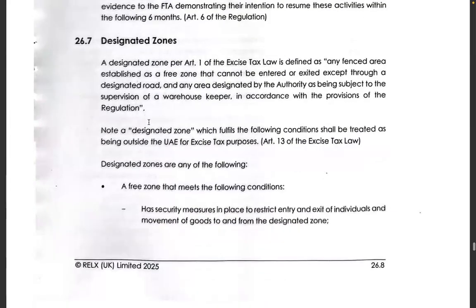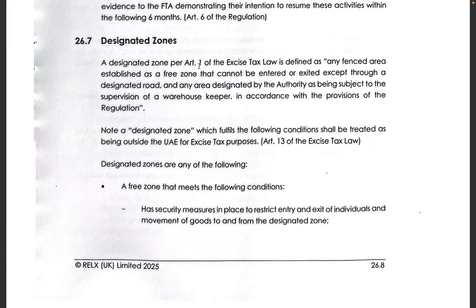Designated zones. A designated zone per Article 1 of the excise tax law is defined as any fenced area established as a free zone that cannot be entered or exited except through a designated road, and any area designated by the authority as being subject to the supervision of a warehouse keeper in accordance with the provisions of the regulation.